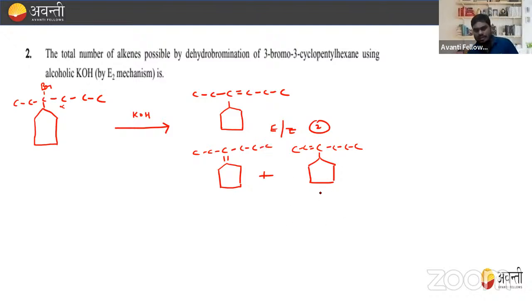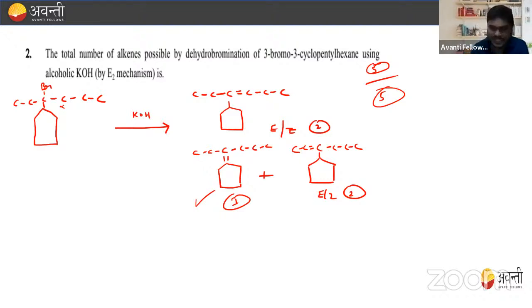So this is E and Z, 2, and this is 1. So the total number of isomers we get is 5. Two isomers of this, E and Z, two isomers of that, E and Z, and one isomer of this. So a total of 5 isomers. I hope this is clear to you.